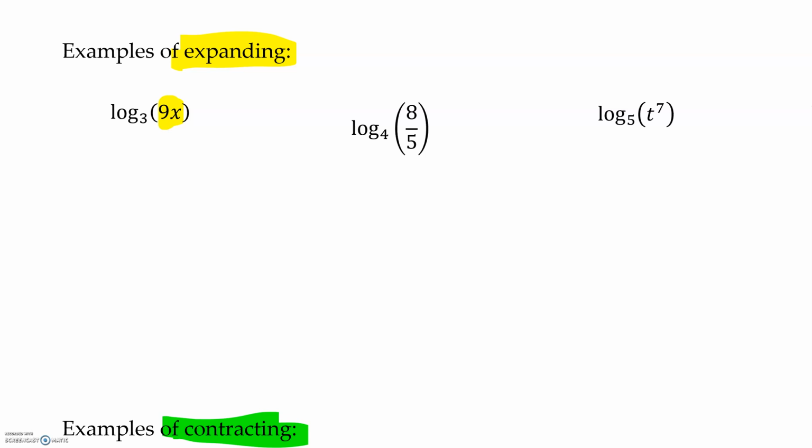We can rewrite this as log base 3 of 9 plus log base 3 of x using the product rule. But of course, log base 3 of 9 we know is just 2 because 3 to the second power equals 9. And so we can rewrite that in a simpler way.